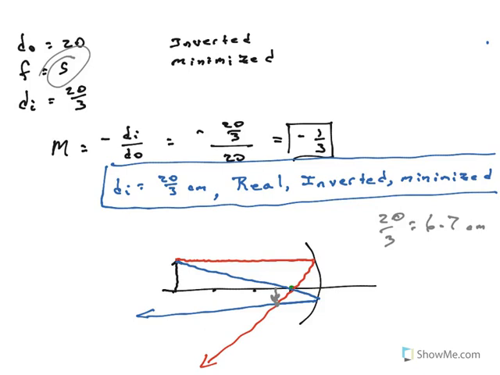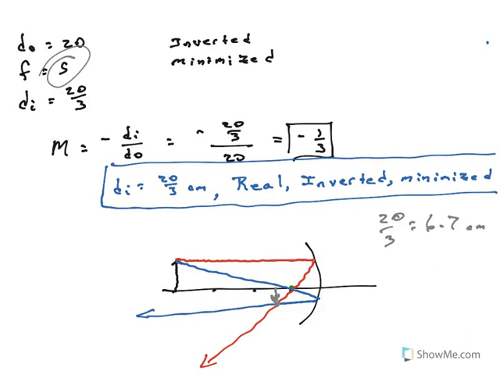Well, let's look. The green dot, that's my focal point. That's 5 centimeters, and my arrow is a little bit past it. All right, so that matches. Another thing, is this a real image? Well, if you remember the rule for mirrors, if the image is on the same side of the mirror as the object, then it's a real image.